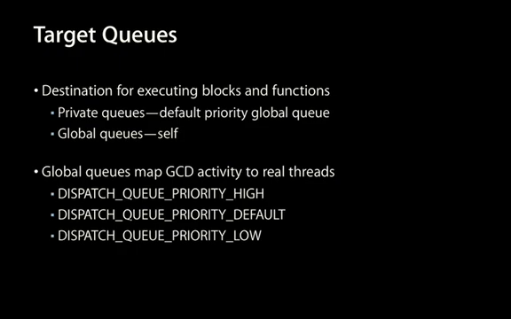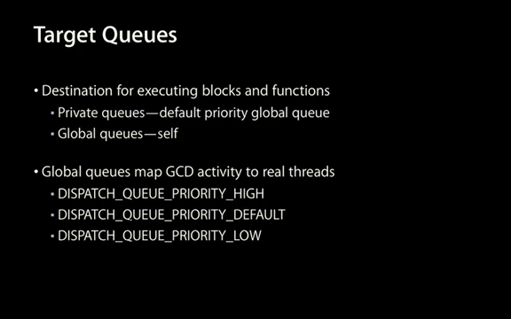All queues are FIFO, but the global queues don't wait for one block to finish before starting up the next. It'll just keep dequeuing and keep running on threads as they become available. The private queues that you allocate through the dispatch queue create API are serial. They're going to wait for one block to finish before they start the next block.